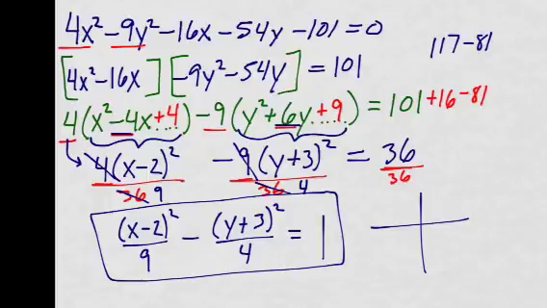So we have a center at 2, -3, right there. In the x direction, we're going to go over 3 spaces.